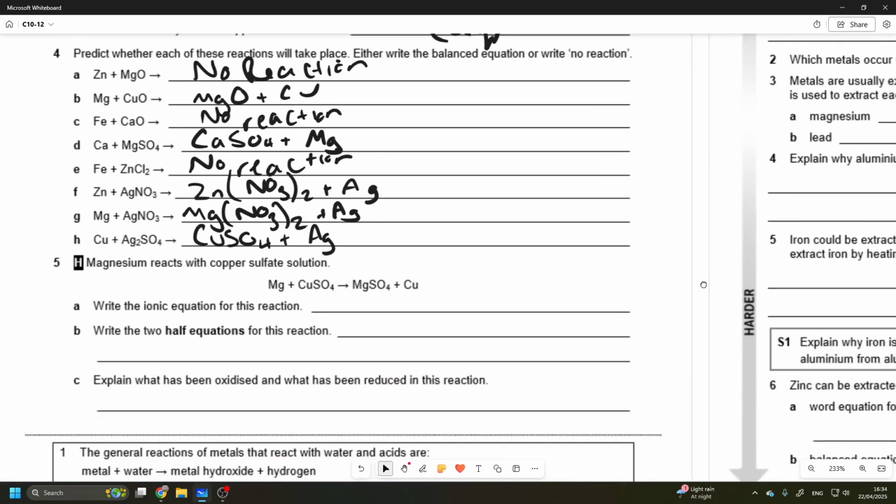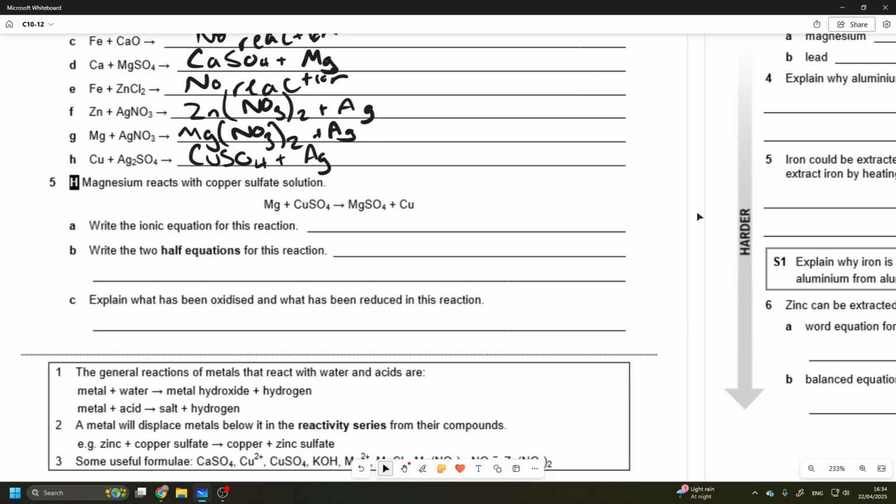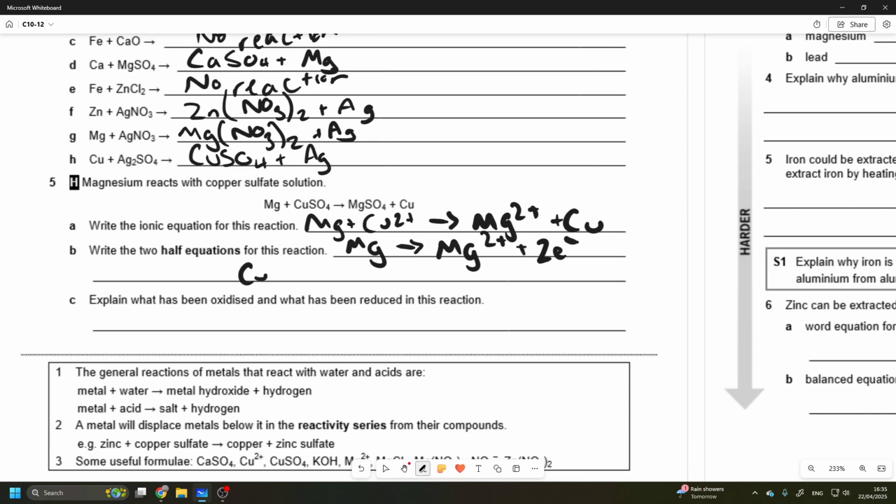Okay, now it says magnesium reacts with copper sulfate solution. Write an ionic equation for this reaction. So you've got Mg plus Cu2+ becomes Mg2+ plus Cu. Remember, the sulfate ions are spectator ions, so they do not do anything. Mg becomes Mg2+ plus 2e-, and Cu2+ plus 2e- becomes Cu.